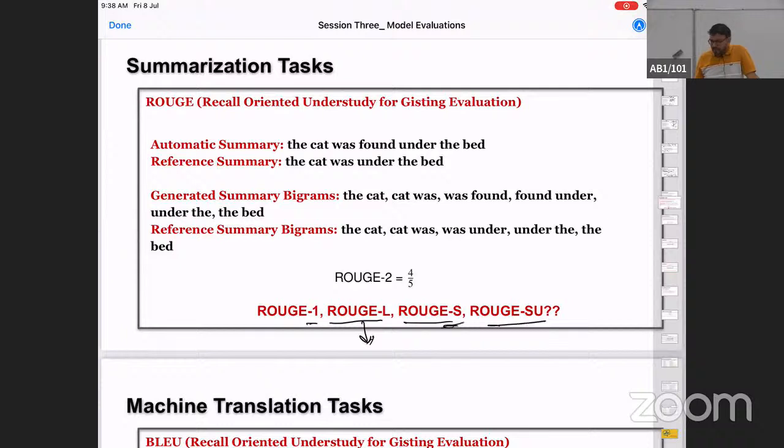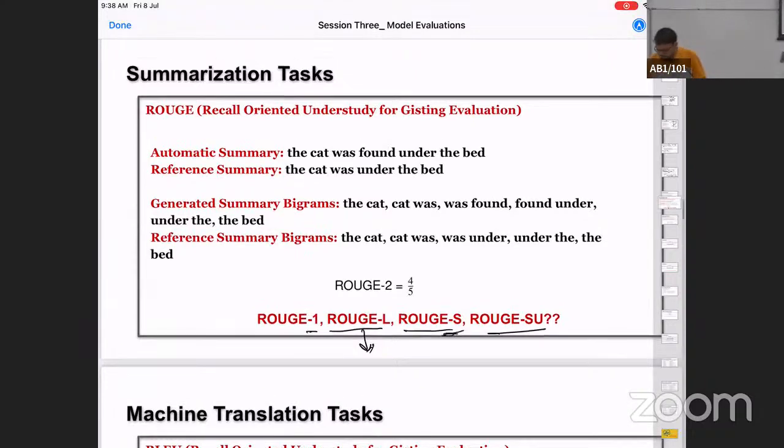ROUGE-S is a skipgram based similarity. Skipgram means two consecutive words might not be matching, but two words that have the same order, even if they are far apart, are overlapping between the two summaries.